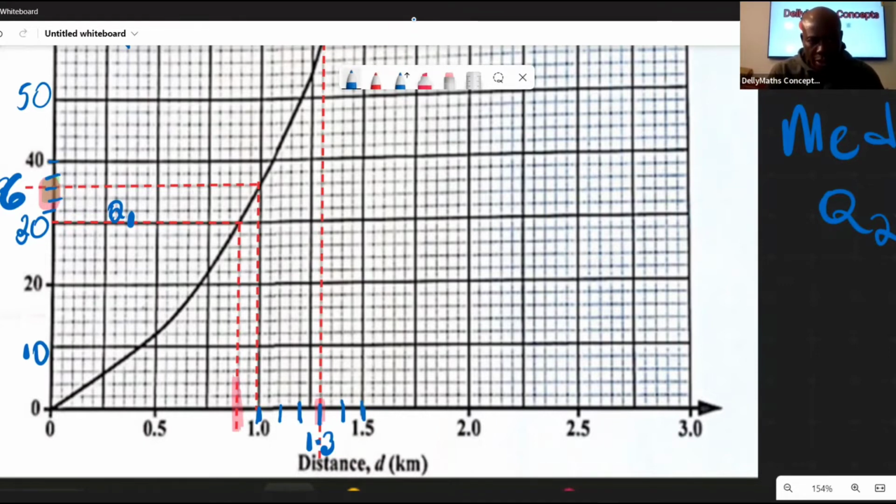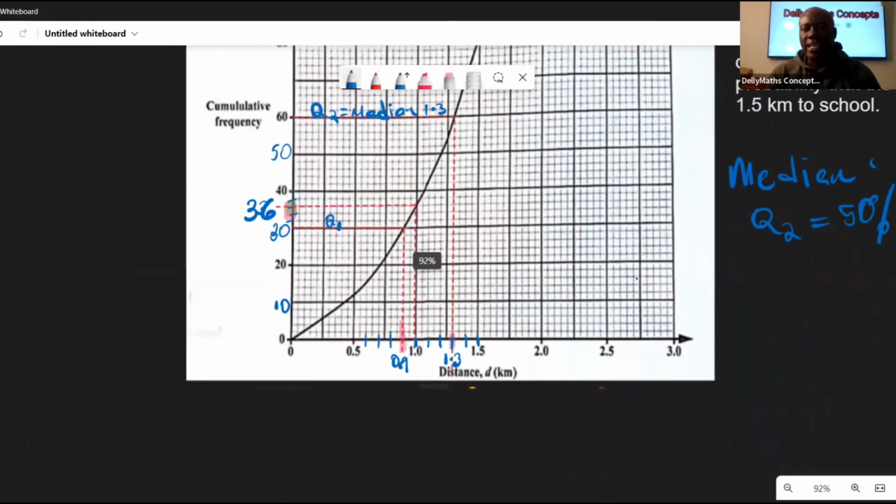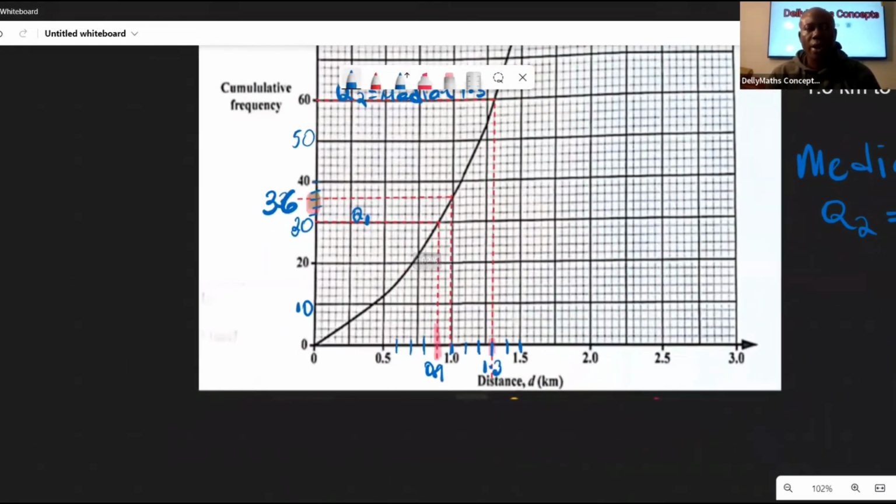So if you look, basically, this is like 0.5, this is 0.6, two more 0.7, two more 0.8, and this line is at 0.9, right? So definitely it's at 0.9. So it's 0.9 kilometers. That's our lower quartile.